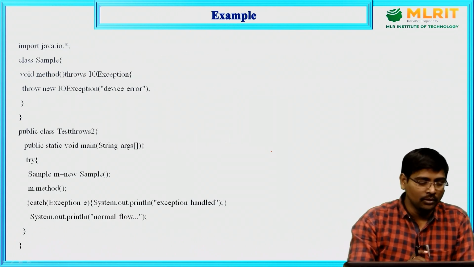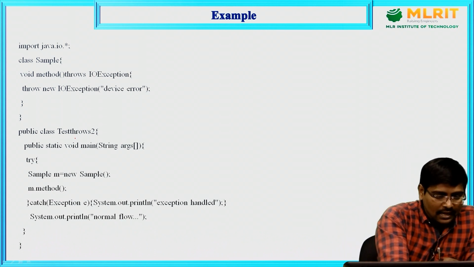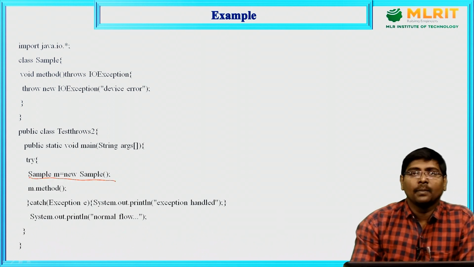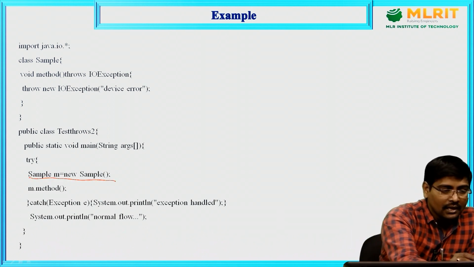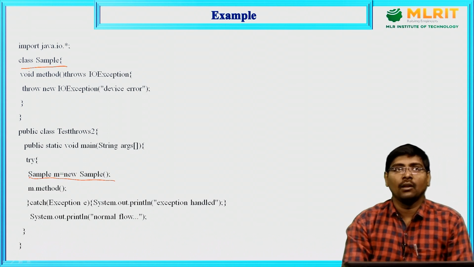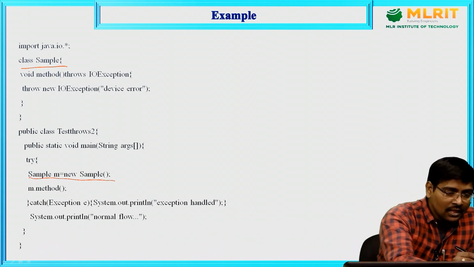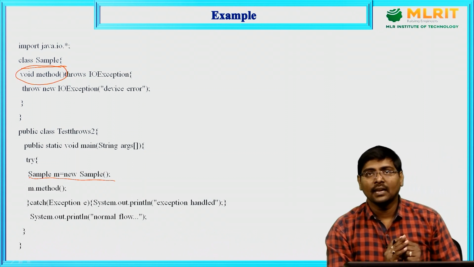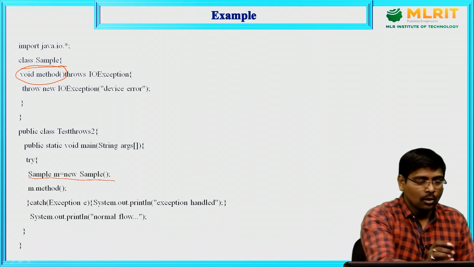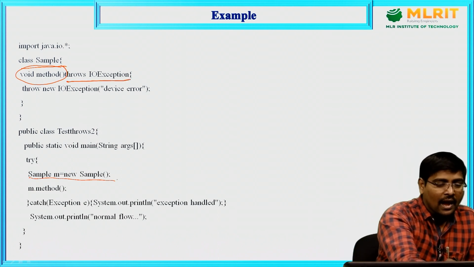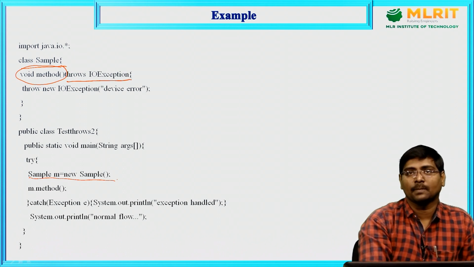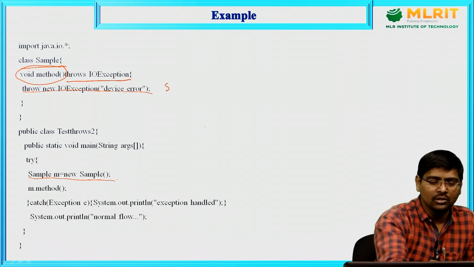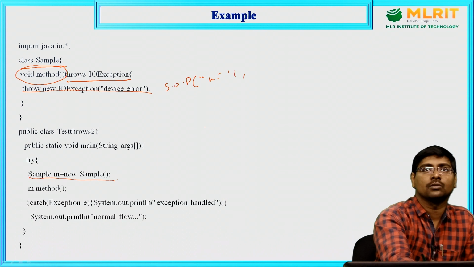See one example. In this class, in the main method, I am creating one object for the sample class. Within the sample class, I have one method. After the method, I throw some exception. Here this is not at all required, you can use some System.out.println message also.